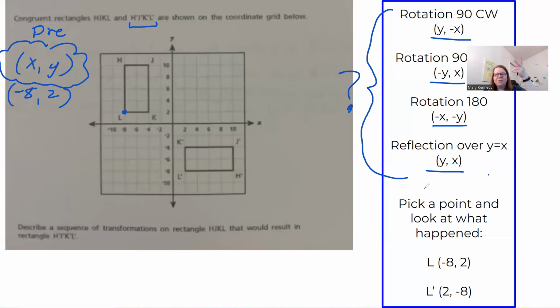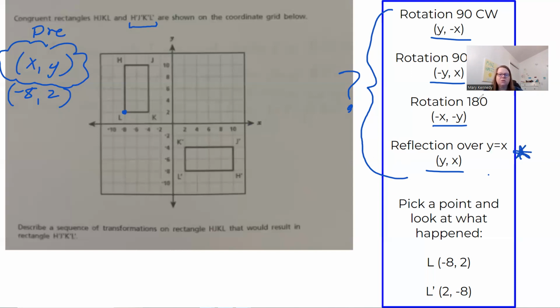So either it's flipped around and the X has changed sign, or it's flipped around and the Y has changed the sign. That's a rotation. Or rotating 180 degrees would be the X and the Y stay the same, but they're both the opposite sign. So it's negated. Or reflection over Y equals X.